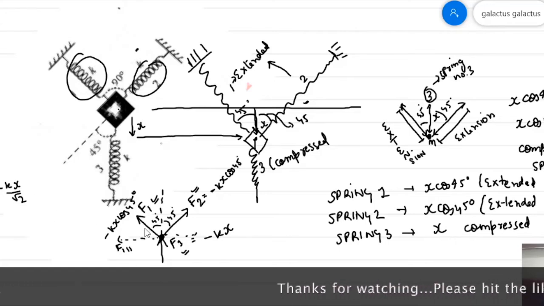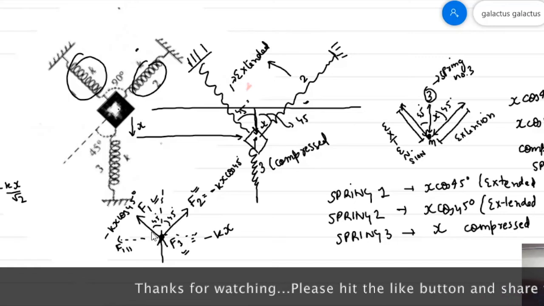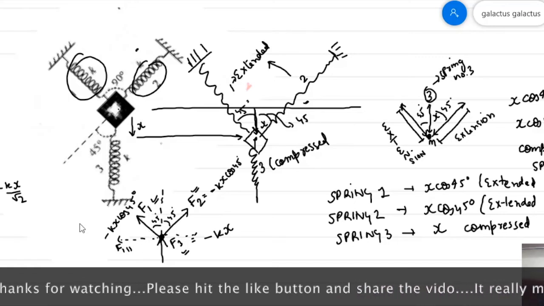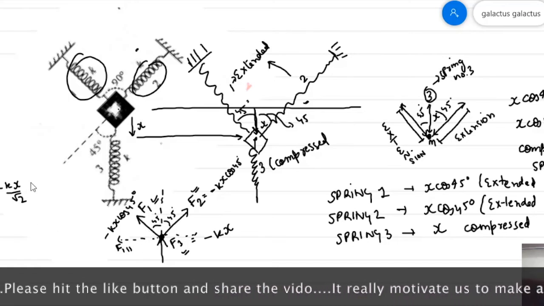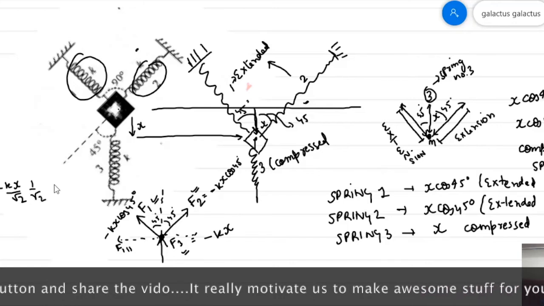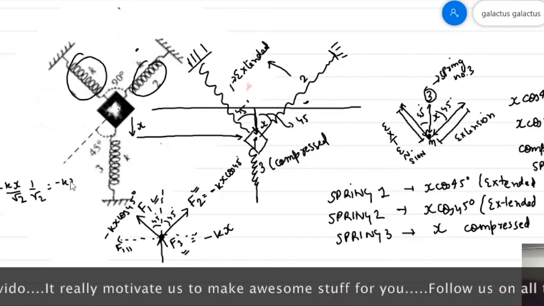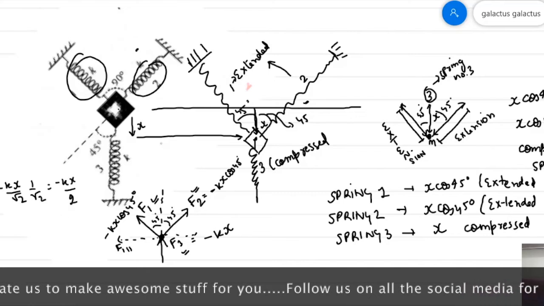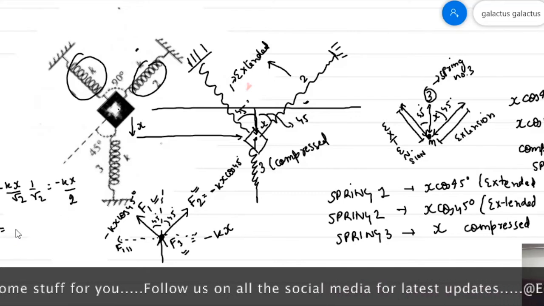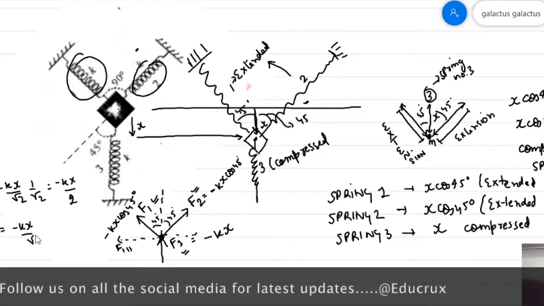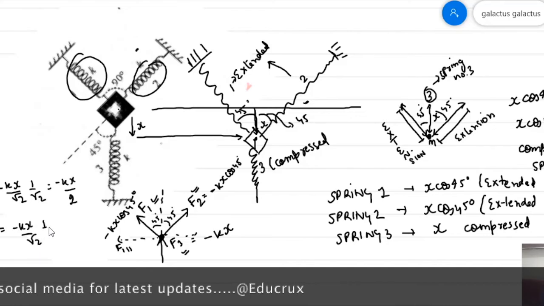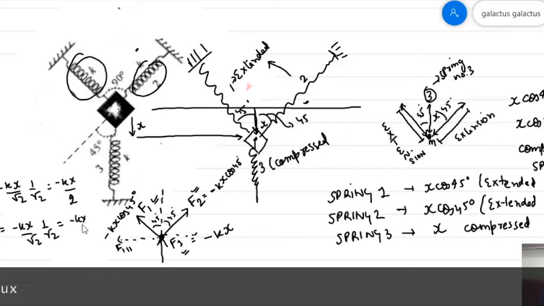Cos 45 value is 1 by root 2, so this value will be equal to minus kx by 2. Similarly, F2 parallel will be equal to minus kx by root 2 times 1 by root 2, which is equal to minus kx by 2. Since both these forces are equal and opposite, these parallel forces will cancel out.